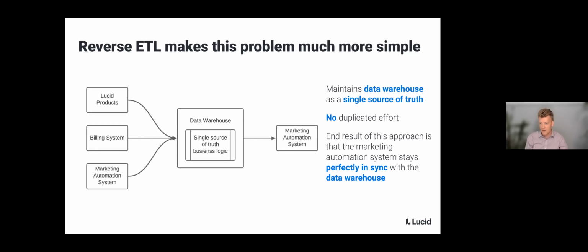If not because the algorithm is different, then because you have latency issues and timing issues that might cause the data to be inconsistent. It also reduces our duplicated effort. And the end result of this approach is that the third-party tool that we're pushing data to, the marketing automation system, stays perfectly in sync with our data warehouse.